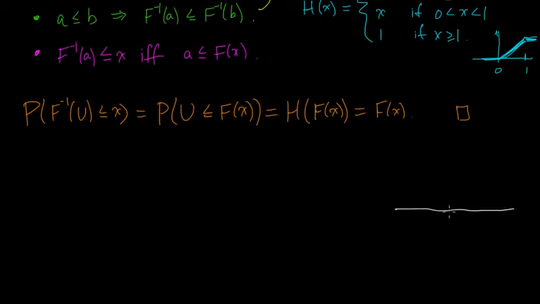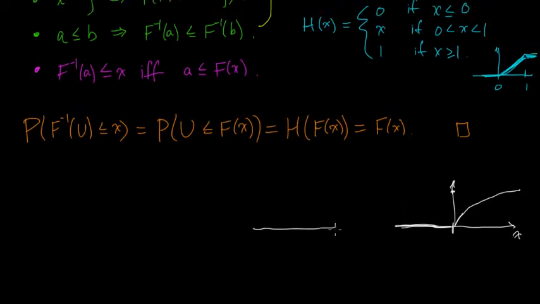an exponentially distributed random variable. Its CDF is 0 when x is less than 0, and then it jumps up like this. An exponential random variable has a very nice PDF and a very nice CDF, and yet this does not actually apply, strictly speaking.